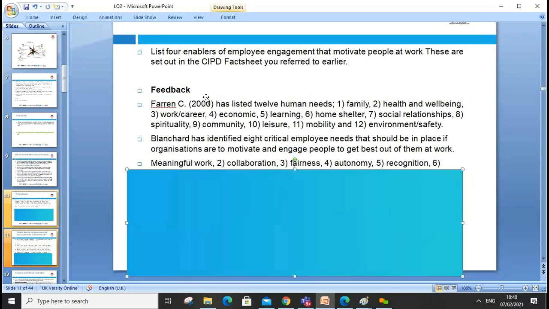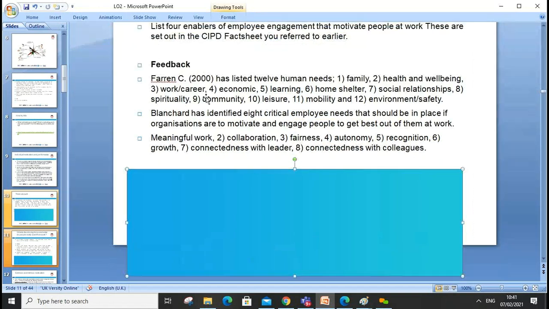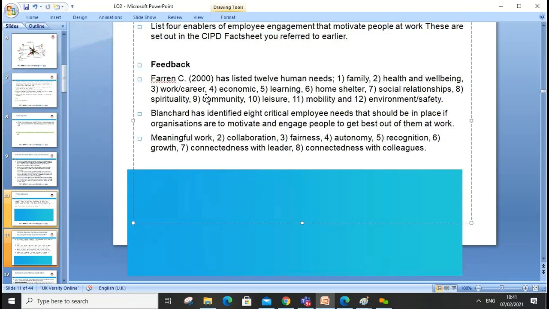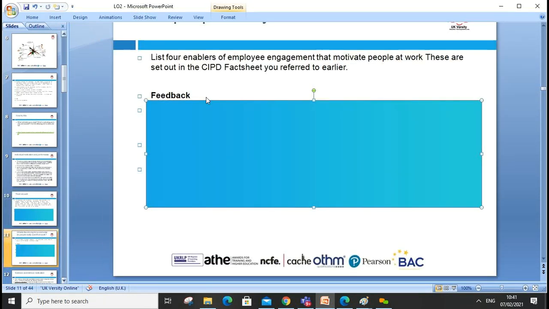We need to look at the list of the 12 human needs first: family, health, all these needs, if they are fulfilled people will be motivated. Nohria, one of the great researchers, identified eight needs that need to be fulfilled: meaningful work, collaboration, fairness, autonomy, recognition, growth, concreteness, and leadership, and connectedness. We always need to look at these. It's good to read, that will also help you enhance your understanding.